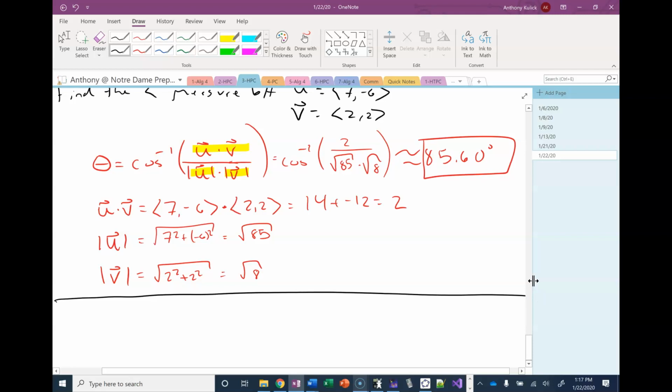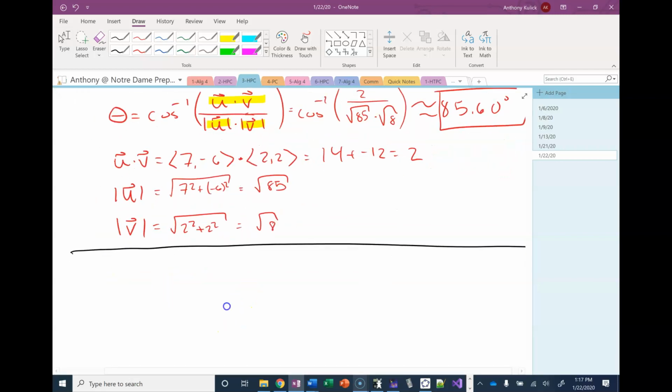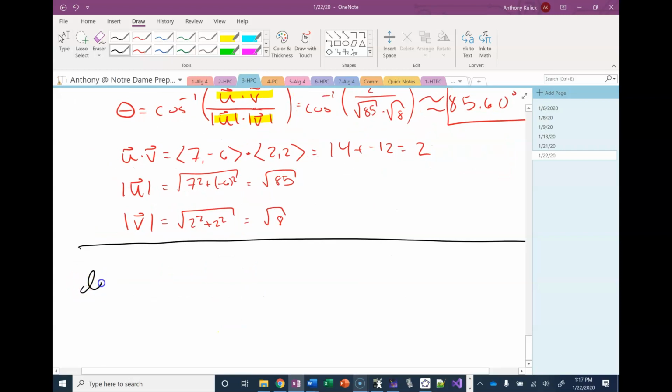Now, when we talk about angles, what angle measure would you say is probably the most important? 90. Great. So we're especially interested in when two vectors have a 90-degree angle between them. We're going to call those two vectors orthogonal.